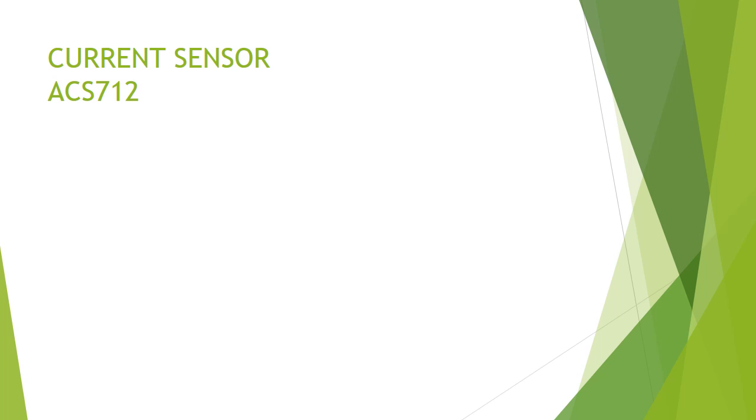For those electronic equipments, 1 ampere is a very huge quantity. So if we want to measure a 5 ampere current, we need to use current sensors to step down the value from 5 ampere to 1 milliampere or that ampere level.